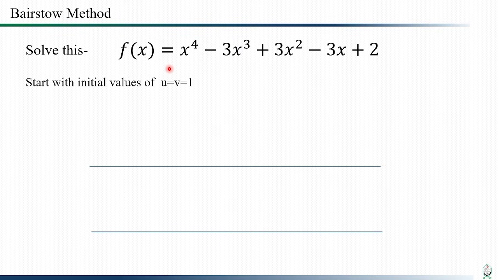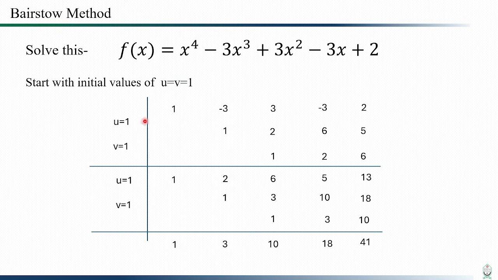Okay, so we have to prepare it accordingly. So this is how we can set things up with the value of u as 1 and v as 1. We have taken the coefficients of the f of x and then did the calculation as per our knowledge, and then we have got this at the output of the first stage.